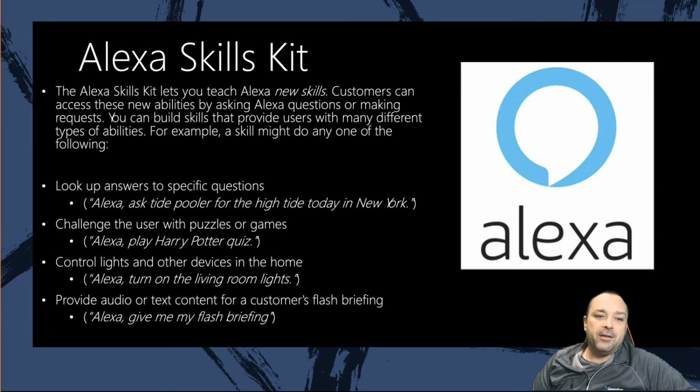So you could have, Alexa ask Tide Pooler, so Tide Pooler would be the name of the application, for the high tide for today in New York. So then what Alexa's doing, this is a prime example of what you just asked, is Alexa is asking this application for this information or this question, right? We'll talk about the IoT piece in a second, but it's the exact same thing.